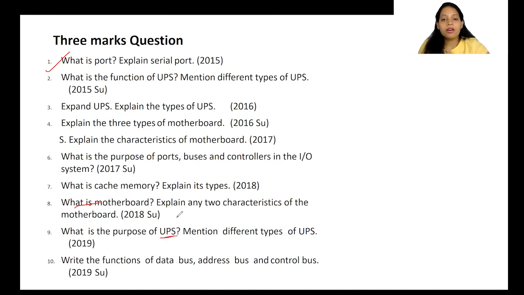So from UPS they have asked many questions, okay, so be careful about it. Mention the different types of UPS, write the function of data bus, address bus and control bus, and also the components of motherboard. Okay, components of motherboard is also an important question, right?